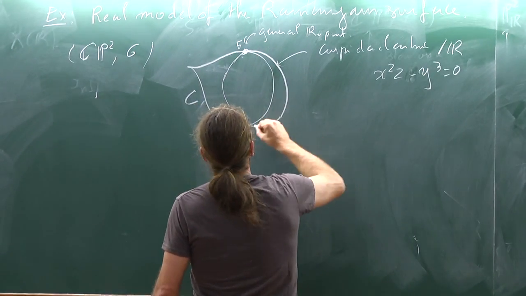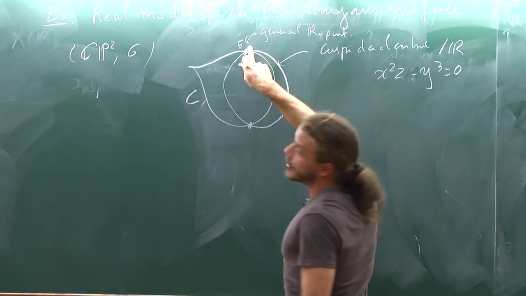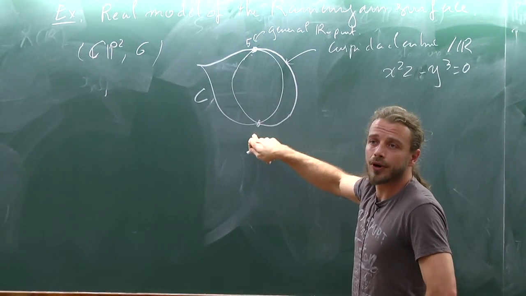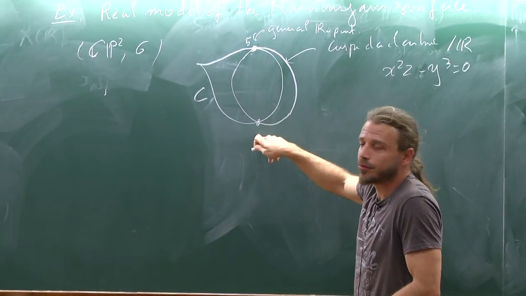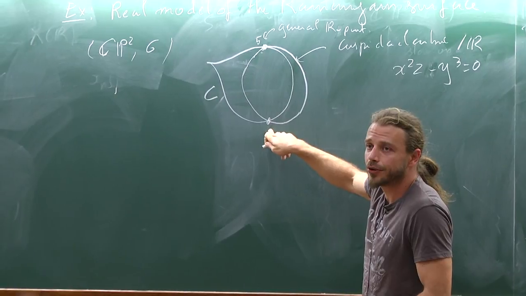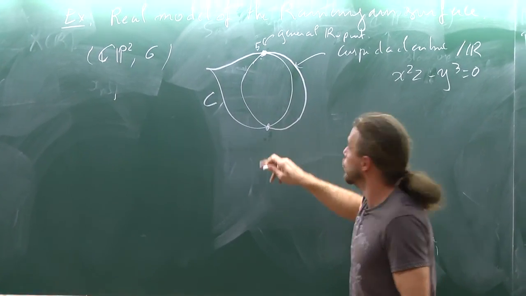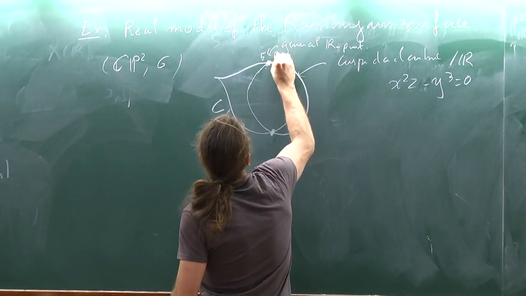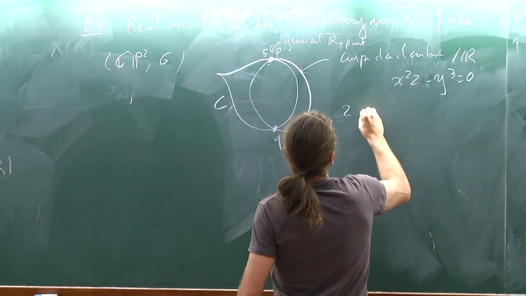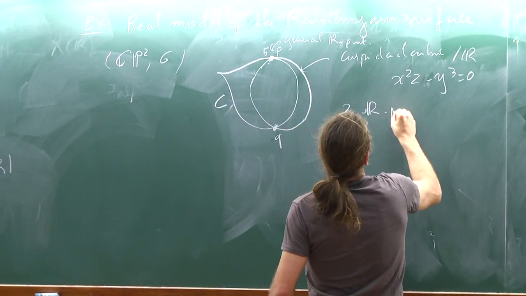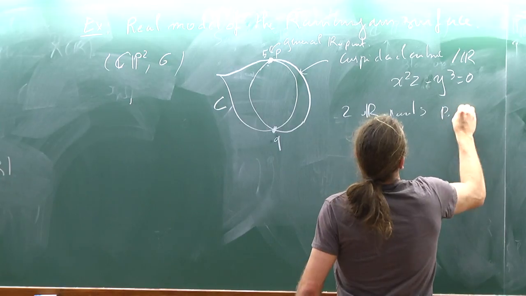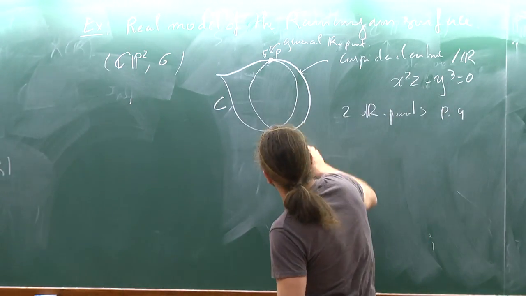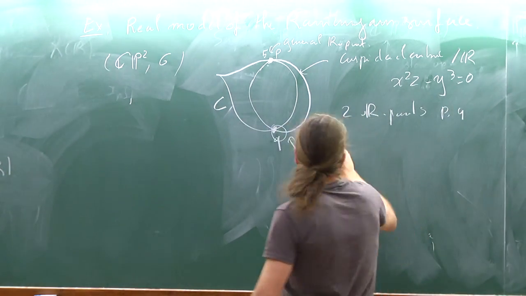And since this is a real point, the last other intersection point is necessarily real too. So I'm getting two real points, say P and Q. And now what I'm doing is I'm blowing up this point. I'm blowing up a real point.